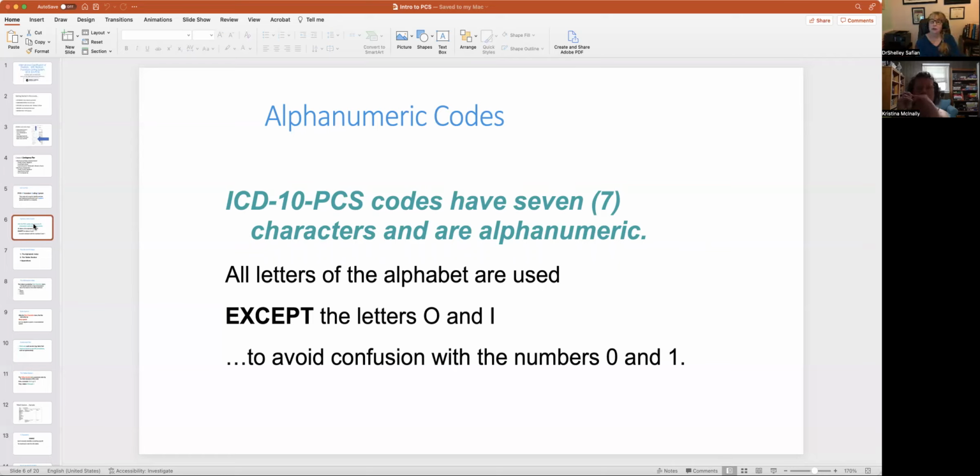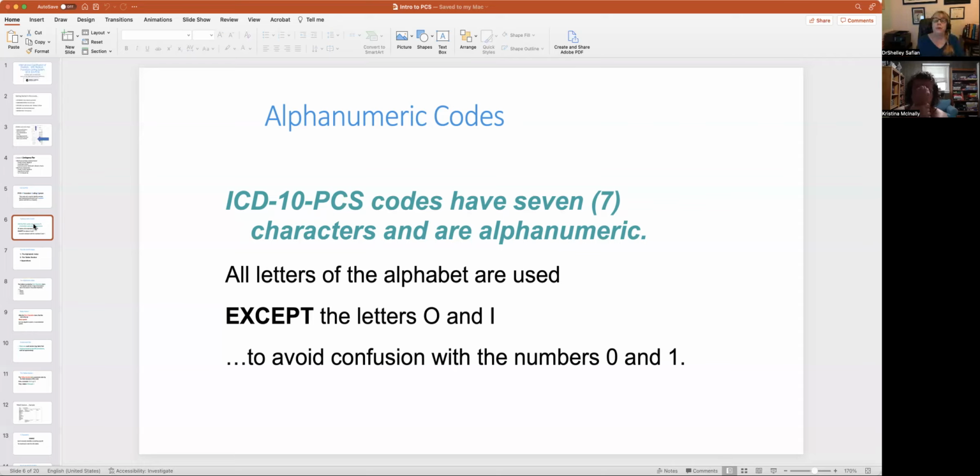All letters of the alphabet are used except for the letter O, so it doesn't get confused with a 0, and the letter I, so it doesn't get confused with the number 1, which I think is great, and I think everybody should do that, especially if you remember when you were doing your ICD-10-CM pregnancy codes, and the pregnancy code starts with the letter O for obstetrics, and sometimes you may think it's a 0, or you may make a mistake in typing.